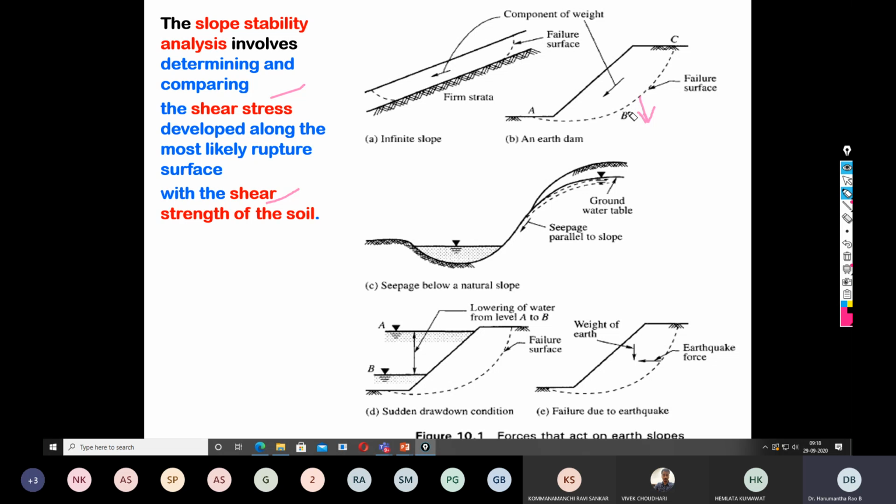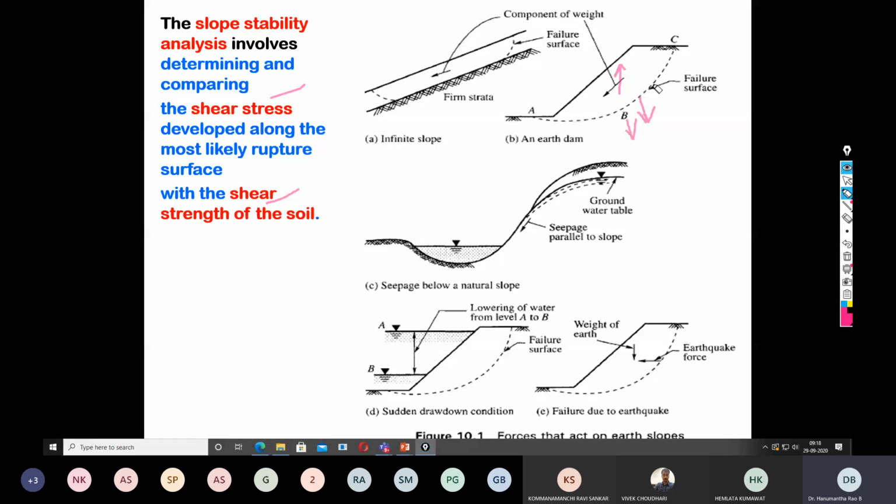Now if you look, there are two bodies. One is body A, B and C, which is above the failure plane, and the same soil mass which is below the failure plane. So some soil mass is above the failure plane and some below.